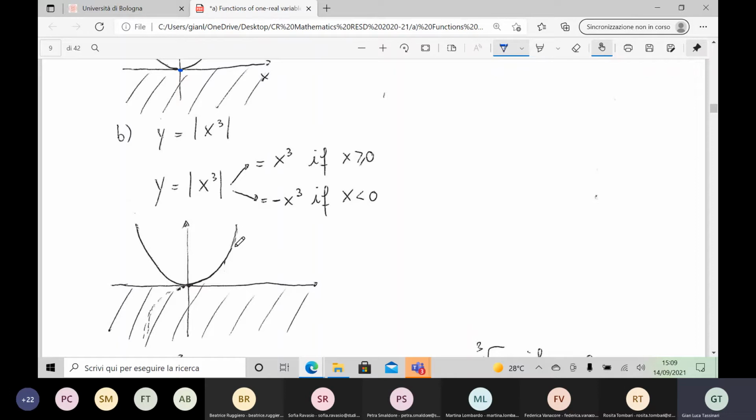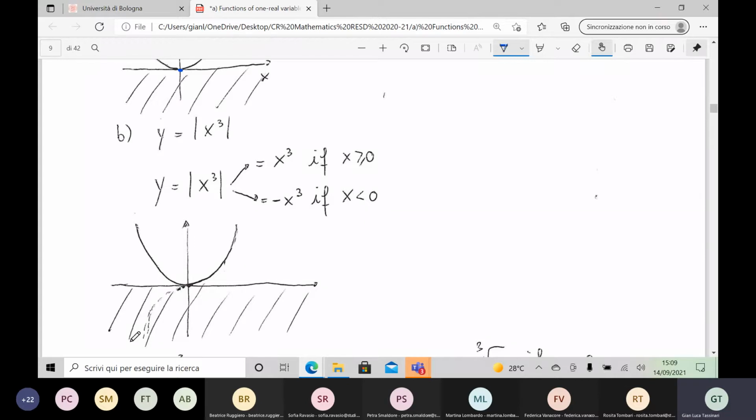So we do not color this one. Now, for x smaller than 0, here, you see here, x is smaller than 0, we need to plot minus x to the power 3. But guys, what I told you before, you don't really have to do anything now, because to get the branch minus x to the power 3, it is enough to take the symmetric with respect to the horizontal axis of this branch, which was the x to the power 3.